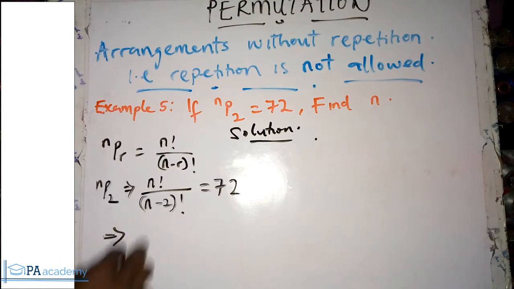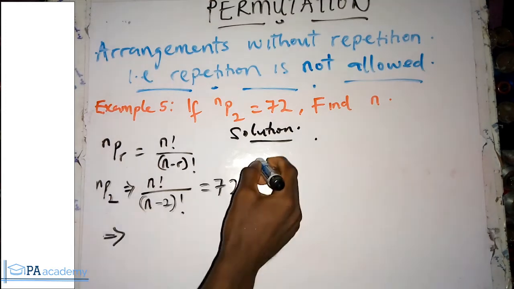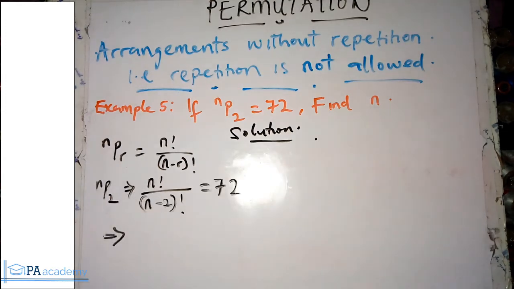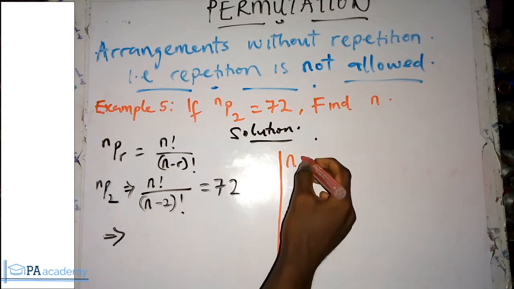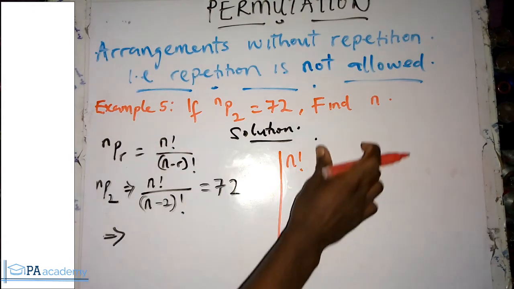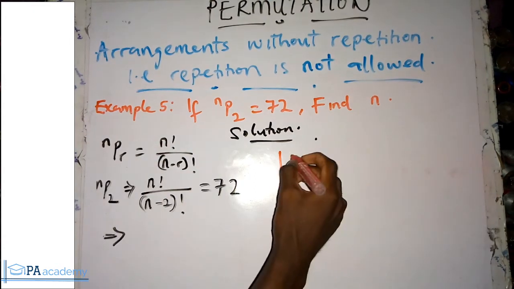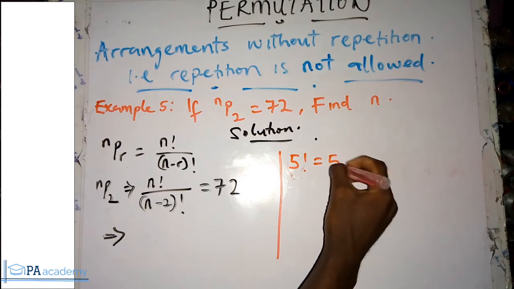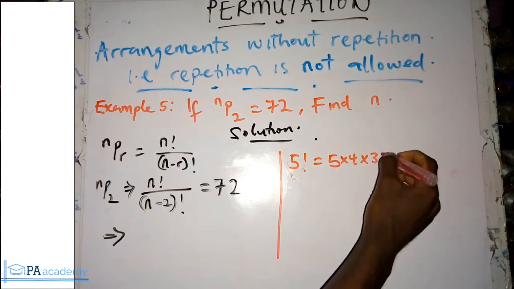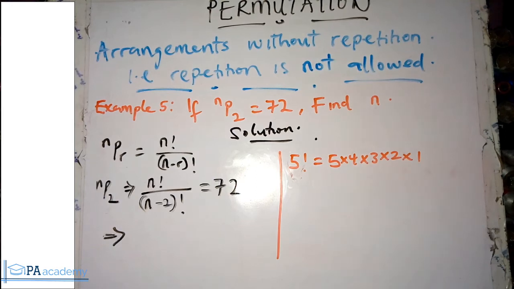So what we are going to do is this n factorial. Now just look at this part. Let me use 5 factorial as an example. This 5 factorial is the same as 5 times 4 times 3 times 2 times 1.